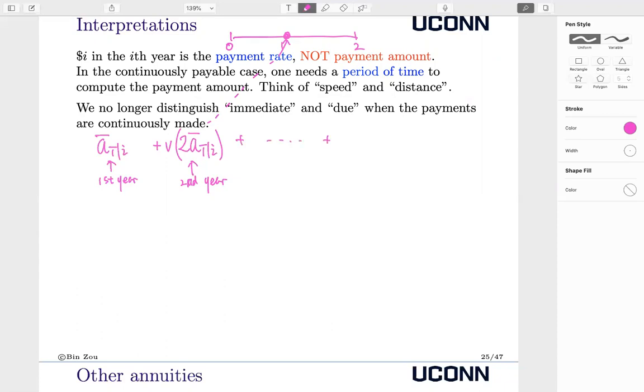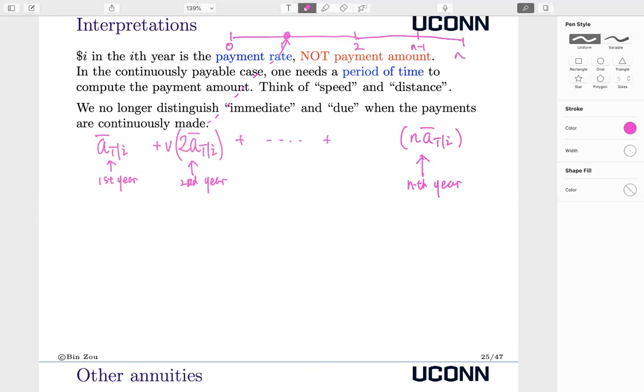Etc. You should easily follow what you need to do. In the last one, it is still a continuously payable annuity for 1 year because we decompose everything year by year, right? So this is for the last year, the nth year. And then you need to figure out what would be the discounting factor. So let me extend this line.